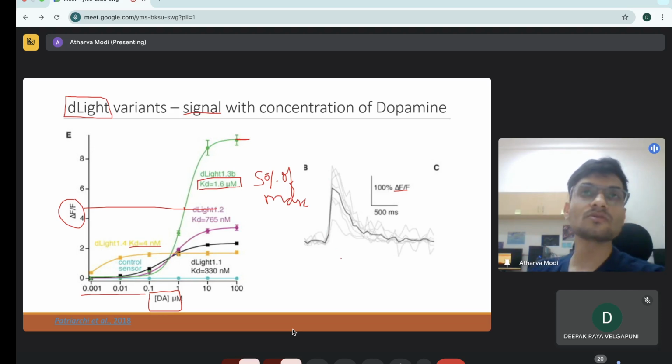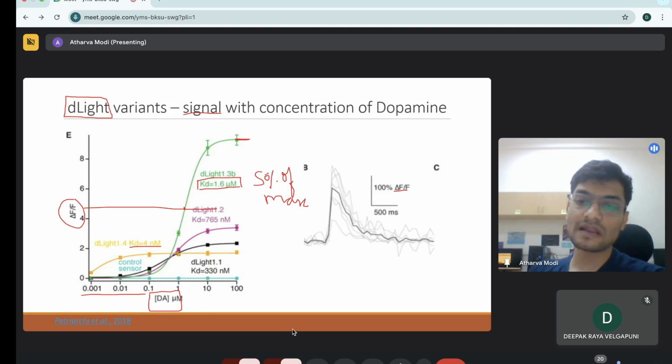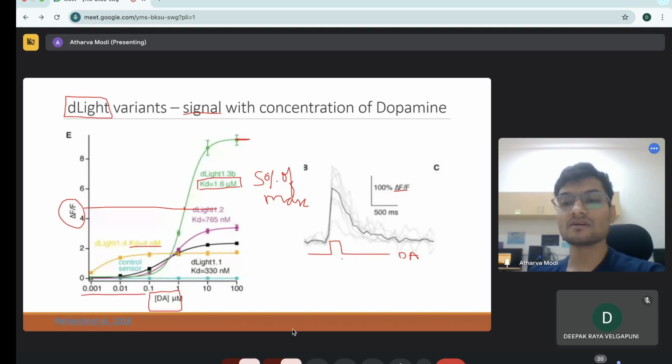So if I want to say what kind of temporal resolution this technique has, what do you need to look into? And beware that this rising characteristic may be different from the falling characteristic, even if you have a step change in dopamine. These characteristics might differ in rising and falling.